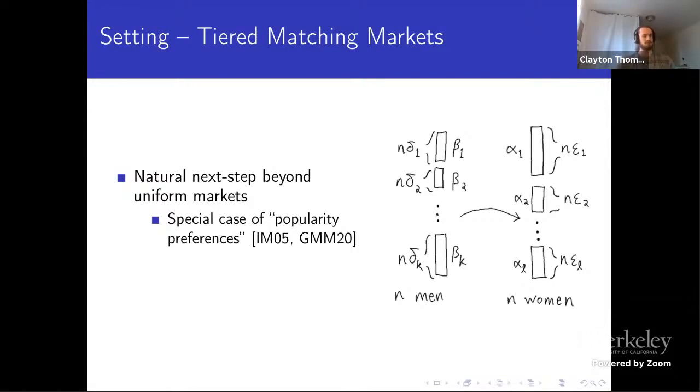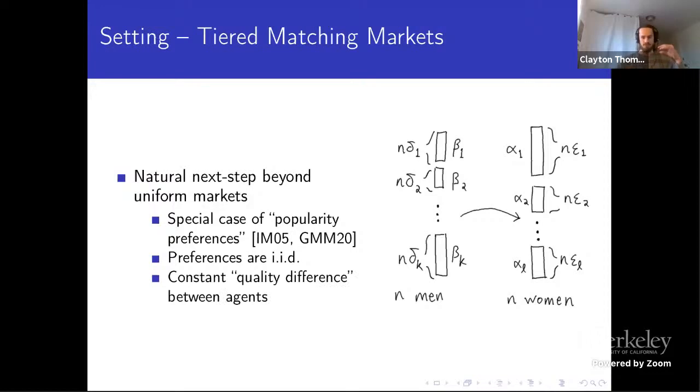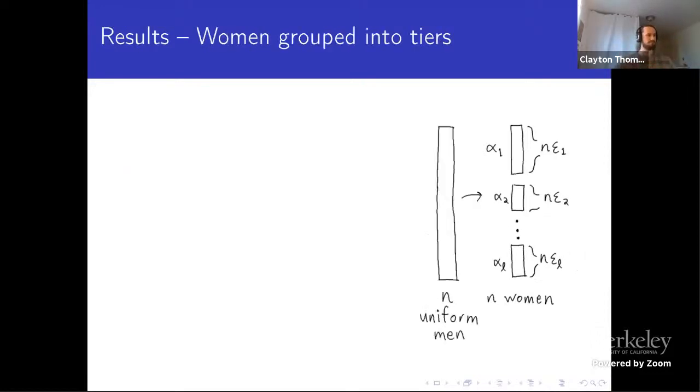In fact, it's a special case of a pretty well-studied set of preferences called popularity preferences, which think of these scores as the popularity of the agents. The only additional structure we have is these tiers, big blocks of agents with the same score. But the key assumptions that the analysis uses are that the preferences are identically distributed for each man, and that these weights are constant. There's only constant variation in quality.